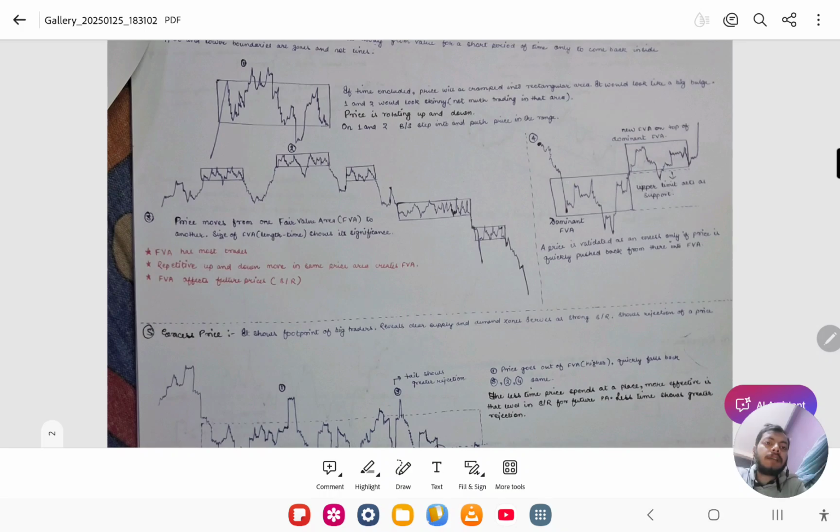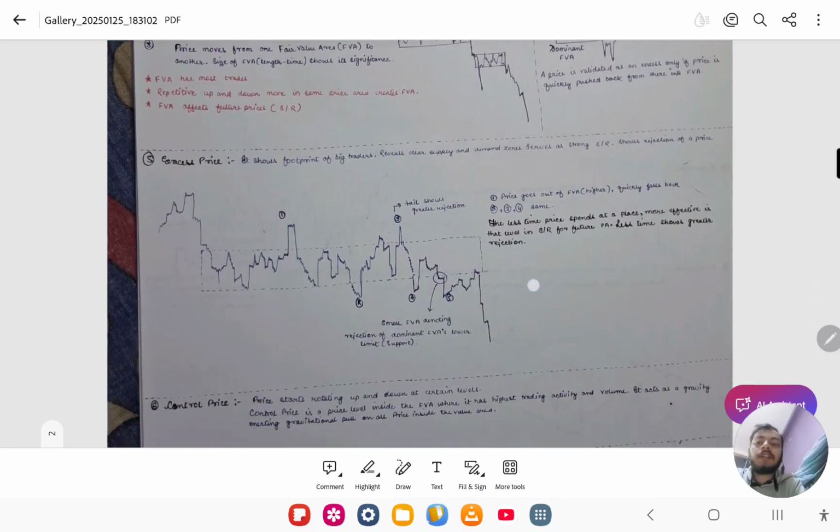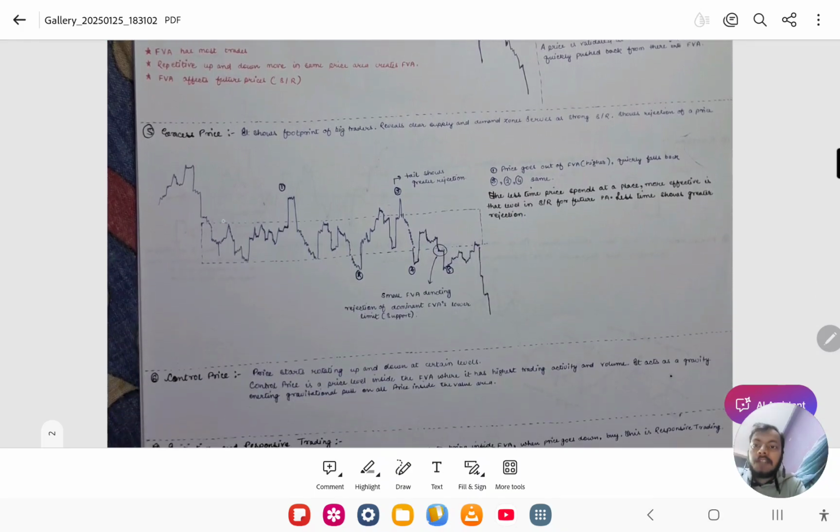Like we can see here, the top boundary acts as support when price penetrated the top area. Again we have the excess price. So excess price is the price at which it has traded very less time and has been rejected quite swiftly.